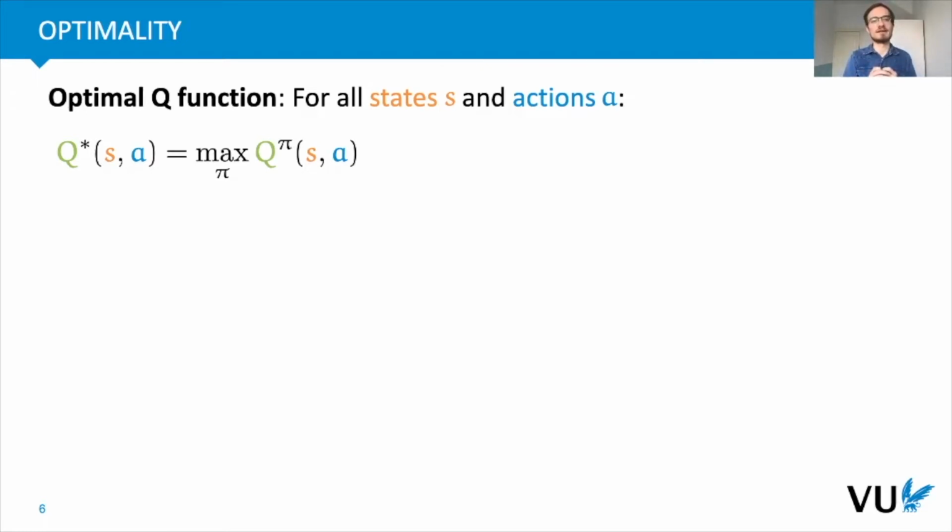It's basically saying choose the policy that maximizes the state action value function. Why is this? If we have a policy that does not have the optimal Q function, then we can find another policy that is going to get better rewards in expectation.